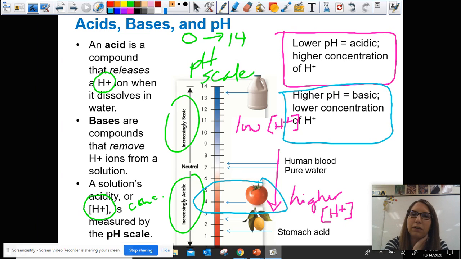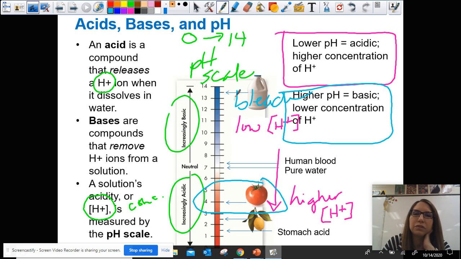And then as we get further up this pH scale and get to larger numbers and higher pH, we end up with stronger things like cleaners. So up here at the top is where we have bleach and toilet bowl cleaner and shower cleaner and all those things that, if you've ever used them, you know they have a distinct cleaning smell. And if you're exposed to them for too long, you're breathing in those fumes that can be pretty hazardous.